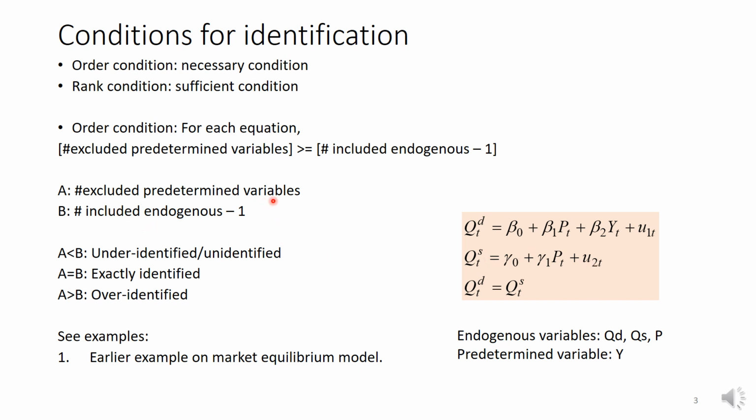The number of excluded predetermined variables: here the predetermined variable is Y and it is not in this equation. So the number of excluded predetermined is 1. So A is equal to 1 and B is equal to 1. So we have this condition A equals B. So for the supply equation, this is exactly identified.